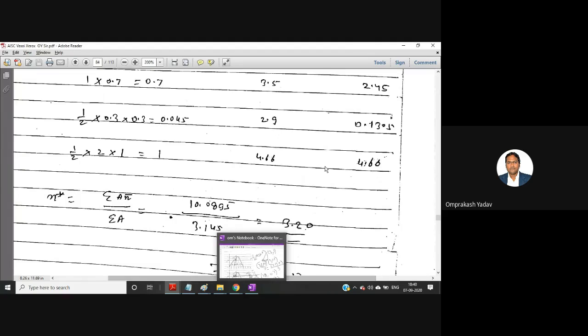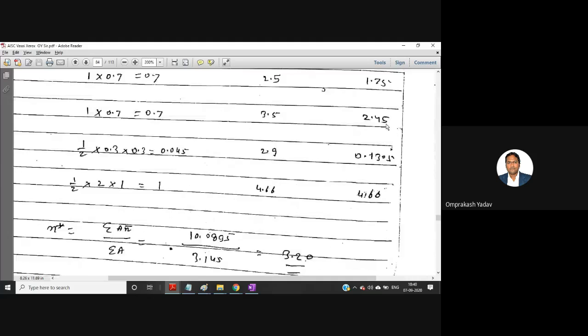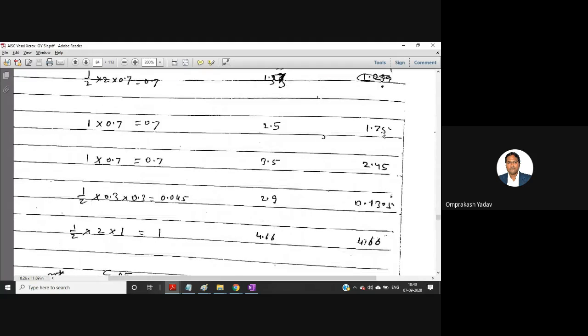Then how to calculate your x bar finally? So this is the defuzzified value. The formula is sigma A x bar divided by sigma A. That means the summation of all the values in this particular column.